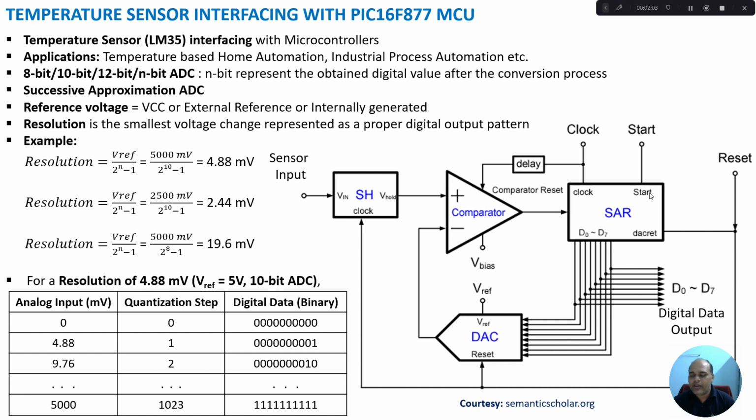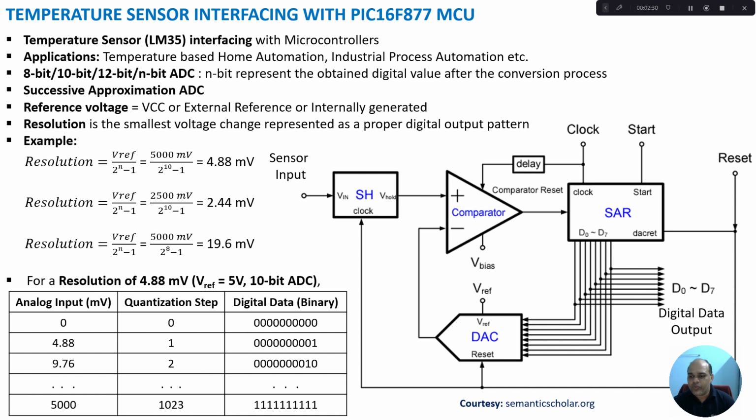And we have the SAR register, successive approximation register, which gives for a particular voltage what will be its corresponding digital bit pattern. Here I have shown it as an 8-bit SAR register. If it is a 10-bit SAR register, the bits coming out of this SAR register will be D0 to D9, which will be a 10-bit value.